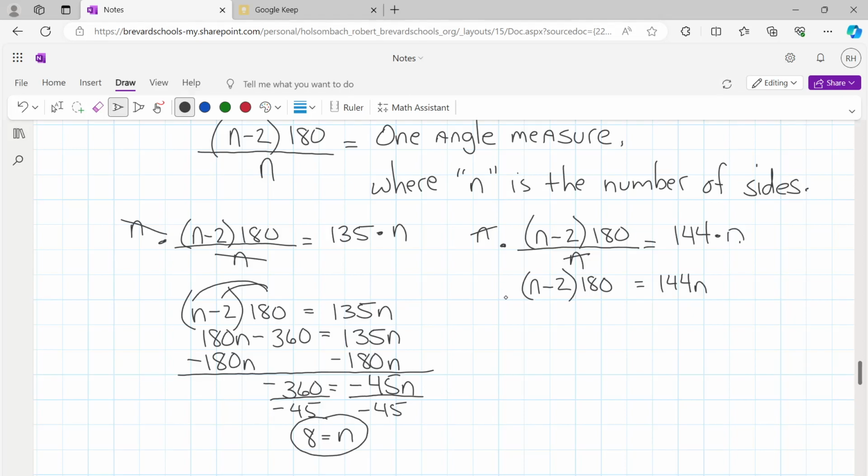Use the distributive property on the left-hand side, so we're going to get 180n minus 360 equals 144n. Subtract 180n from each side. And negative 360 is equal to negative 36n.